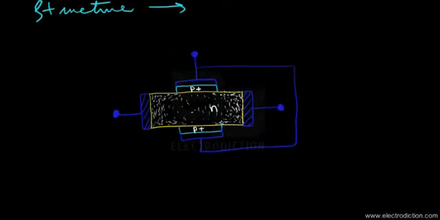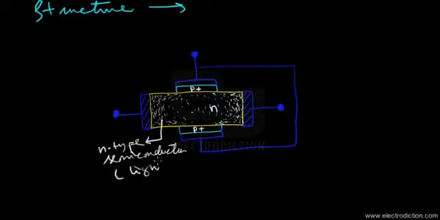Here, as you can see, there is this yellow outline that represents an N-type semiconductor device. This is an N-type semiconductor, and it is of course lightly doped.